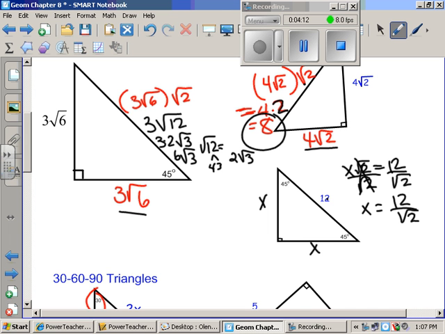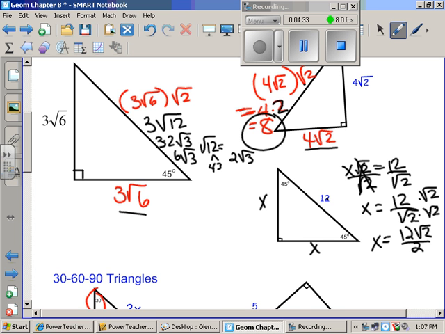Now remember, square root of 2 on the bottom of a fraction isn't allowed. So to get rid of it, I'm going to multiply the top and bottom by the square root of 2. And I get x is equal to 12 times the square root of 2 over 2, because the square root of 2 times the square root of 2 is 2.